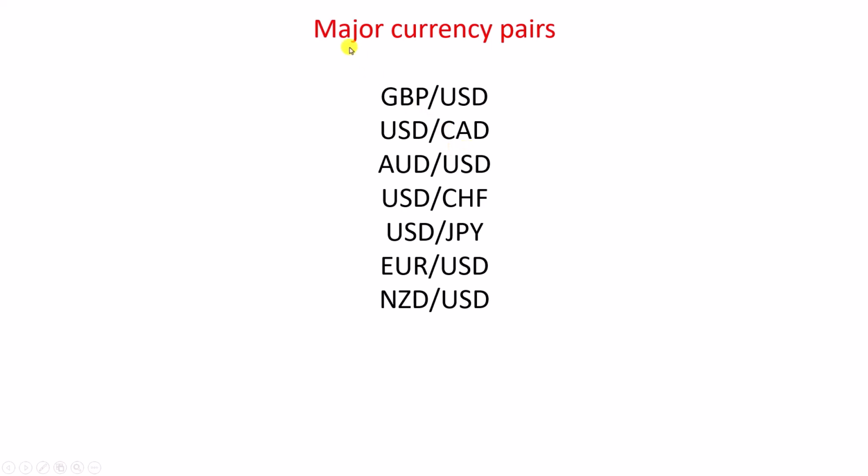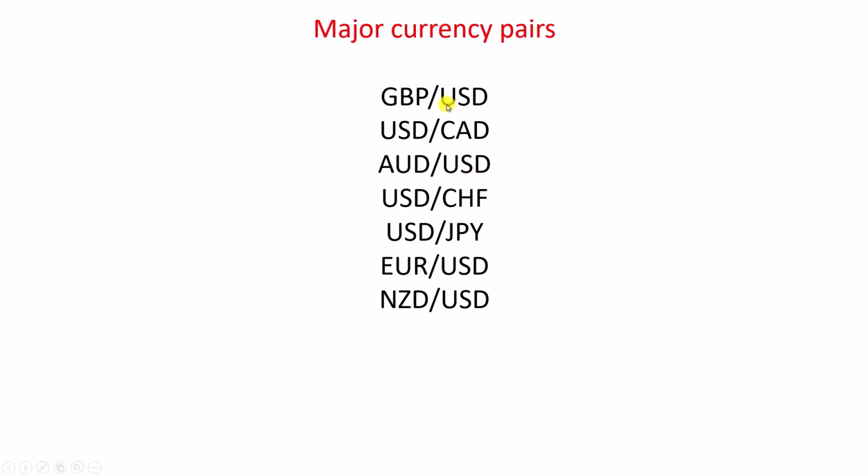So a major pair is the one in which there is a USD. This is a major currency pair because it has USD in it. This is a major currency pair because it has USD in it. This is a major currency pair because it has USD in it.